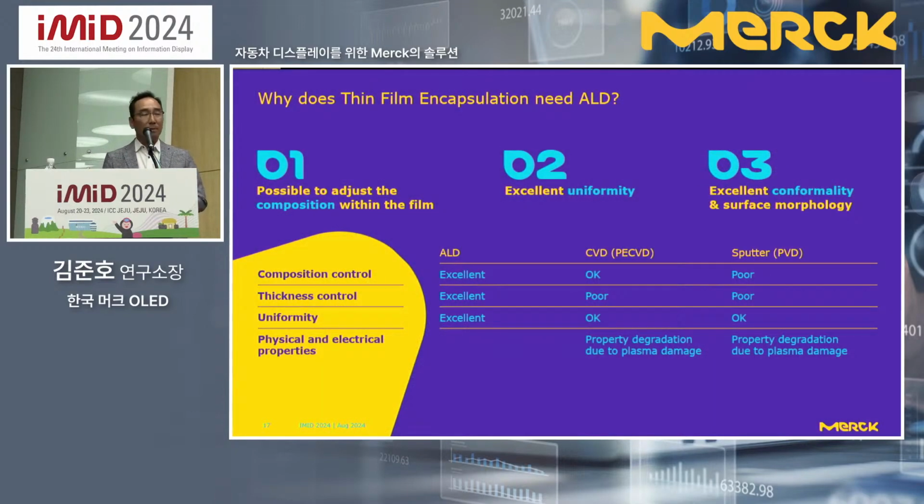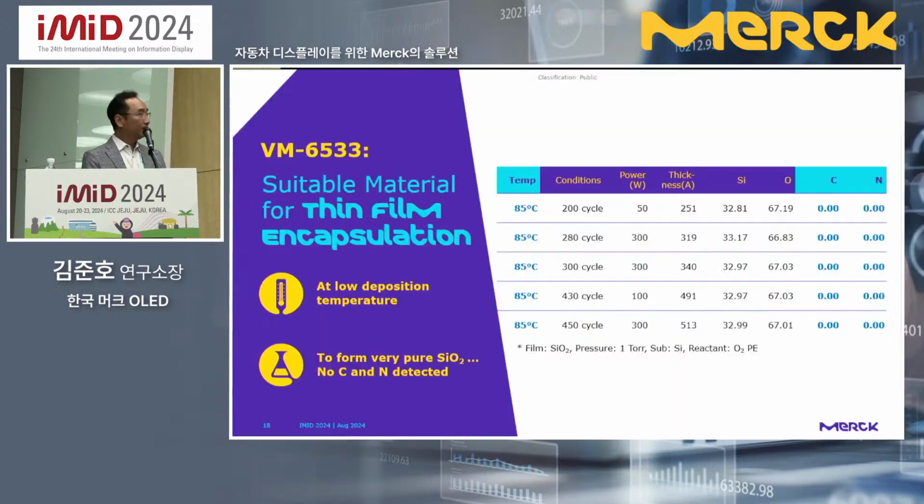There are many methods to deposit these thin films, organic and inorganic, especially inorganic films. But among them, ALD is considered the best solution in many aspects, for example thickness control, composition control, and uniformity. Here is an example of our product, VM6533.